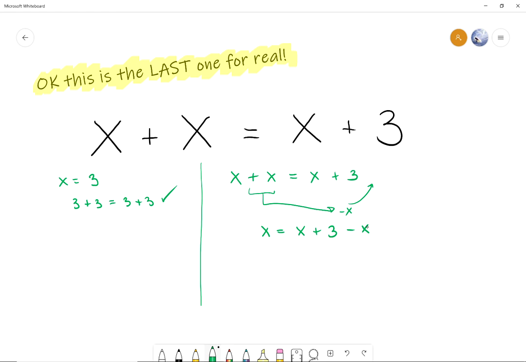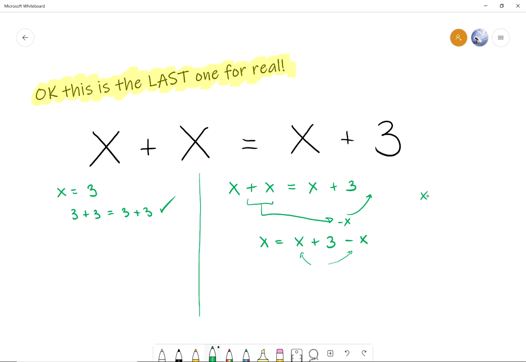So now what can I do? How much is x minus x? 0, that's correct. If I have 7 minus 7, that's 0. 5 minus 5, that's 0. 1 minus 1 is 0.